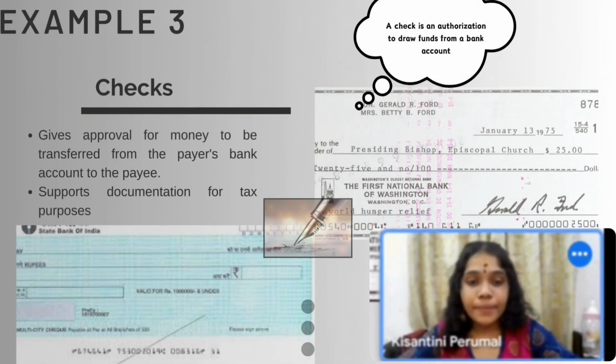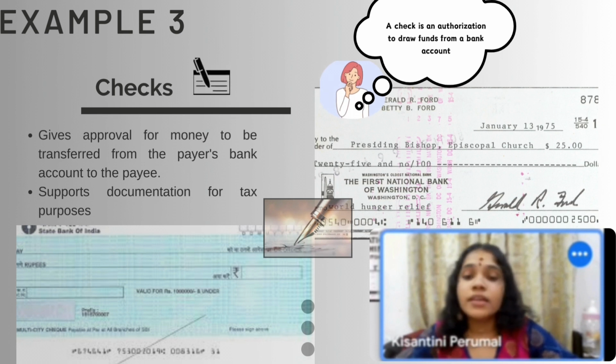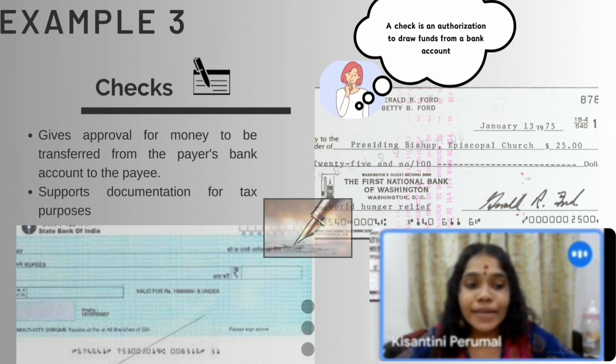The third example is checks. The function of this source document is to give approval for money to be transferred from the payer's bank account to the payee. The check serves as an official request for payment to the bank. It includes the name of the payee, the amount payable, and the transaction date.